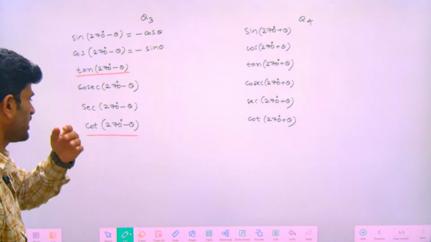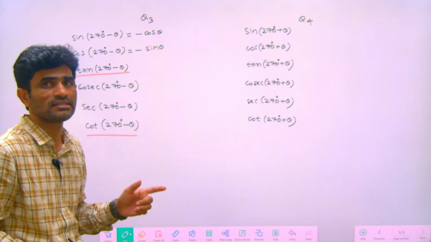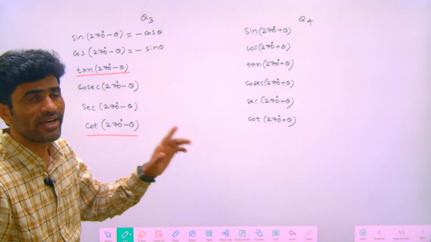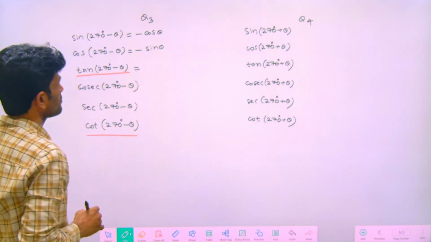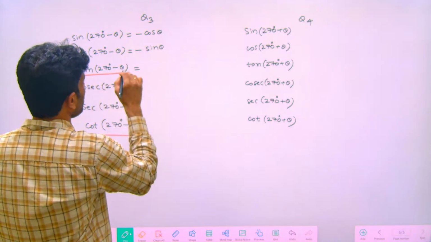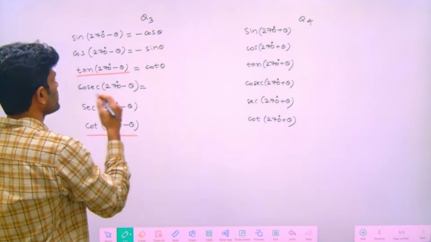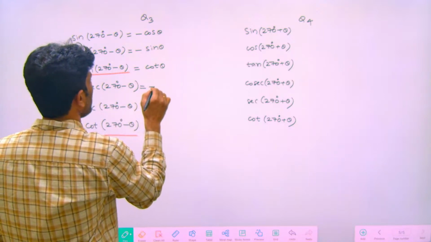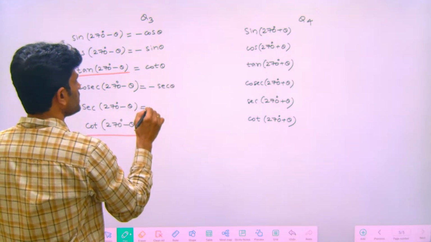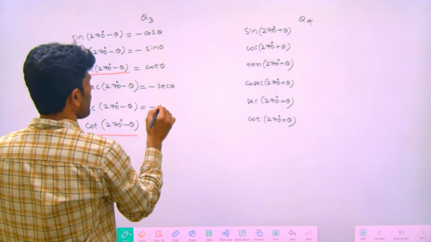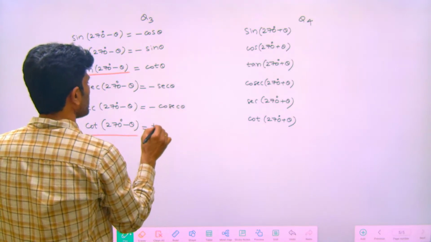These two should be kept in mind: the multiple of 90 degrees, and in which quadrant the angle is. 270 minus theta is third quadrant and it is cot theta now. And cosecant of 270 minus theta is minus secant theta. Secant of 270 minus theta is minus cosecant theta. This is plus tan theta.